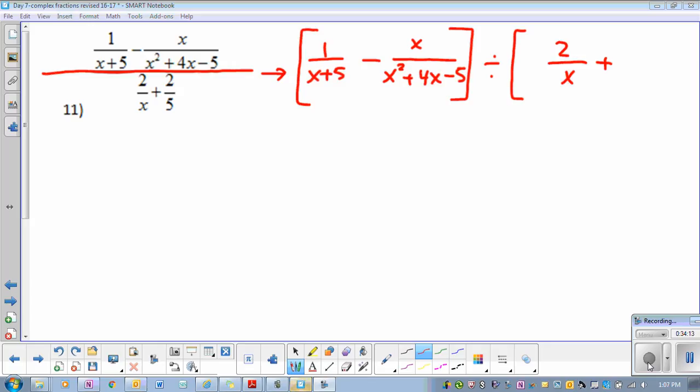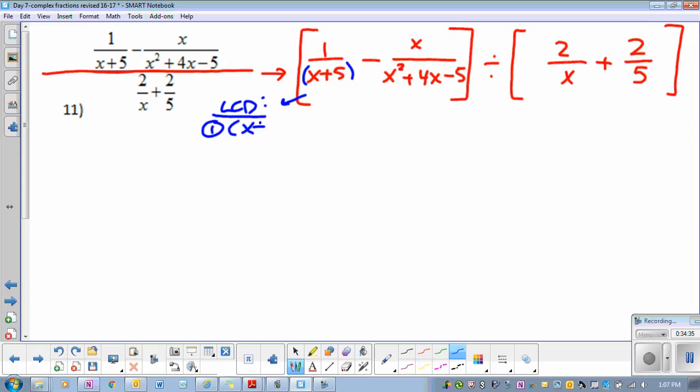Okay, so I have a trinomial finally in my numerator, right? Factor it. You need to find the LCD anyway. Fraction 1 is x plus 5. Fraction 2, you need to factor this guy, and you get x plus 5, x minus 1.